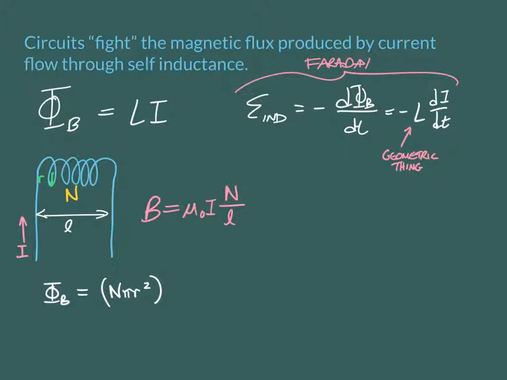Capital N. The original form of this was mu naught n I, little n, where little n is the number of loops per unit length. That's where that comes from. Sorry for not mentioning that. And so this area bit here, just remember it's always an area times field, so that's sort of old news.